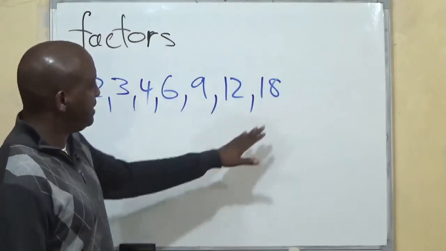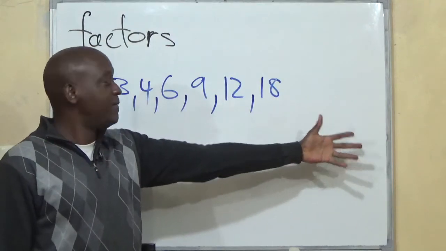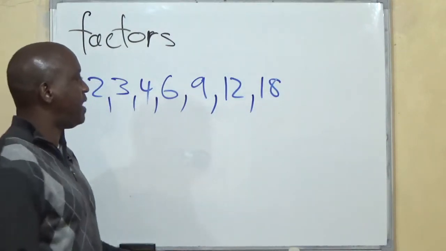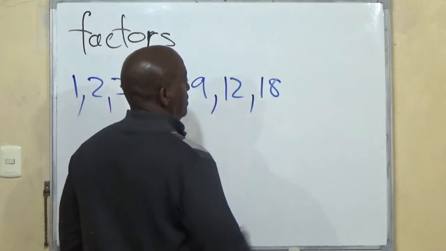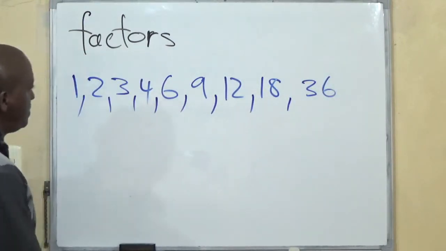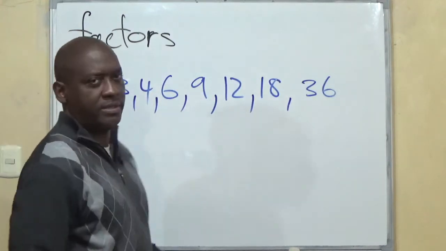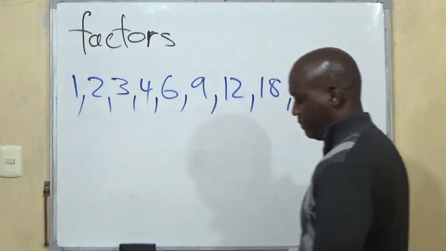Once you get to 18, you can't go further than this. So once you get to 18, the next factor will be 36 itself. Because if you notice, the number that we're multiplying by will decrease as we go along.